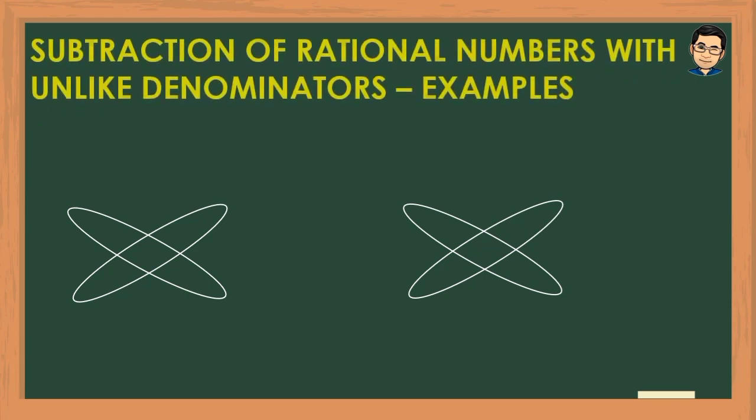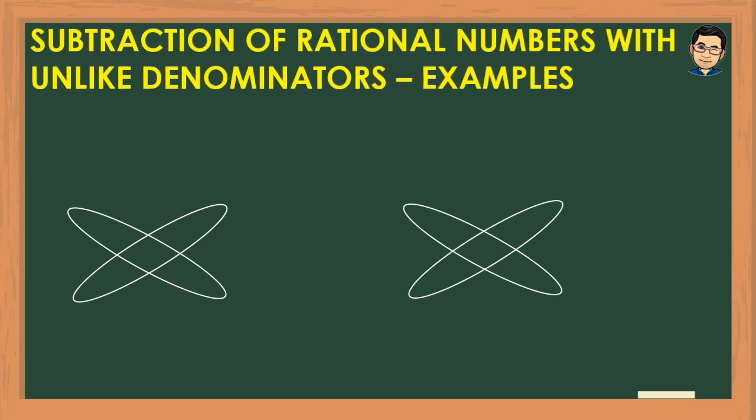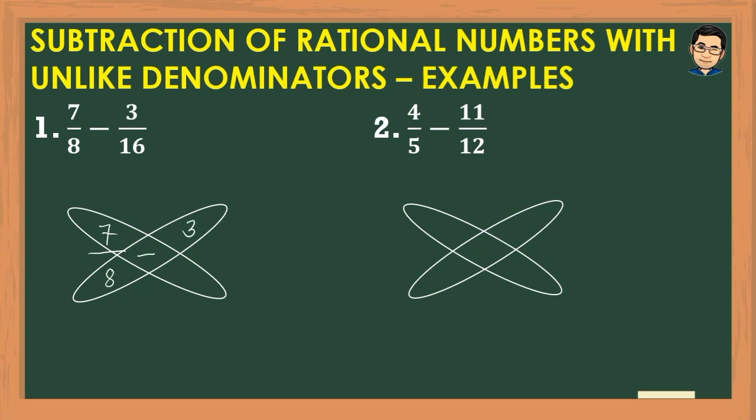So let us now have subtraction of rational numbers with unlike denominators. So let's have number 1, 7 over 8 minus 3 over 16. So yung butterfly method, applicable siya sa addition and subtraction. So let's start with number 1. So rewrite lang natin ulit, 7 over 8 minus 3 over 16.